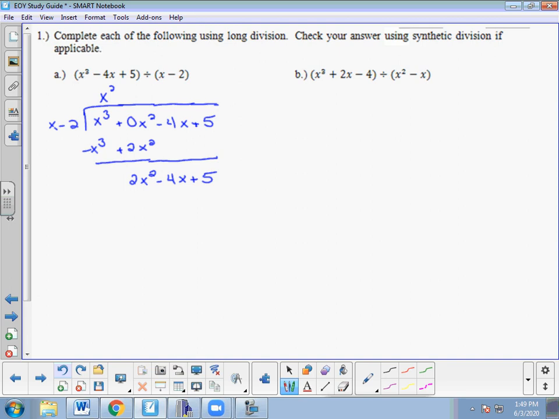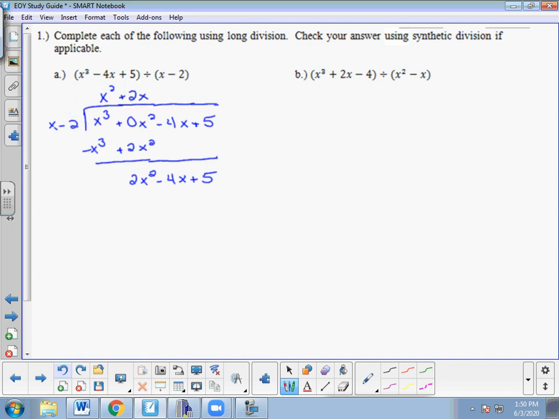And now I want to repeat the process. So now I'm comparing the first term of the divisor, x, to the first term of the polynomial that remains, 2x squared. If you said 2x squared divided by x would be 2x, you'd be correct. So now again, I take this 2x and I multiply it to each term of the divisor.